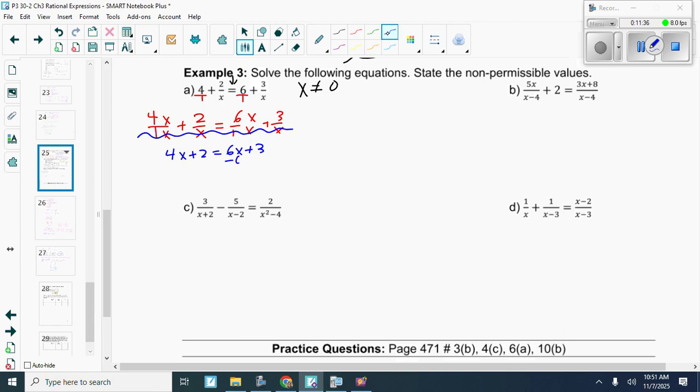So we go minus 6x, minus 6x. We subtract 2 on this side, subtract 2 on that side. So we end up with negative 2x is equal to 3 minus 2, which is 1. Divide by negative 2, divide by negative 2. x is equal to negative 1 over 2. x cannot equal 0.